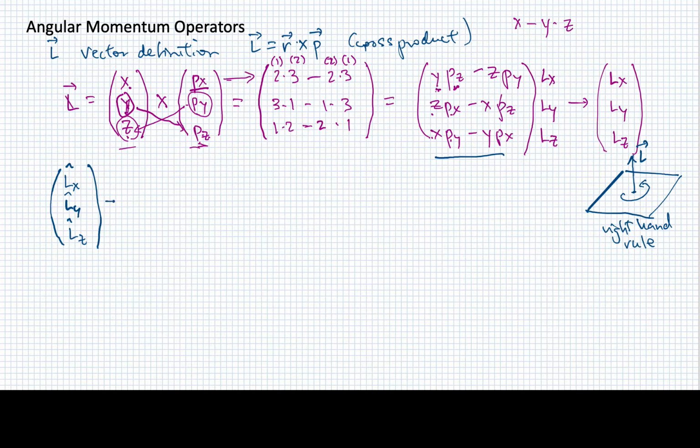And these things would be defined directly as y operator pz operator minus z operator py operator, and then I'll have similar things to what's written over there below this. And Lz is x py minus y px.